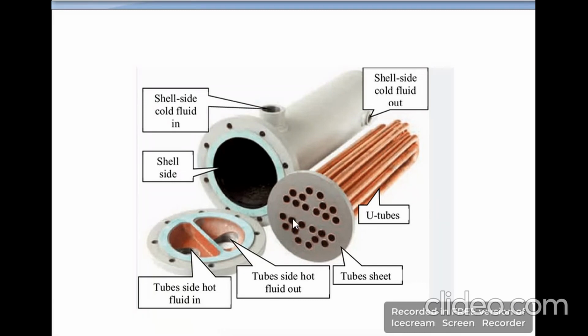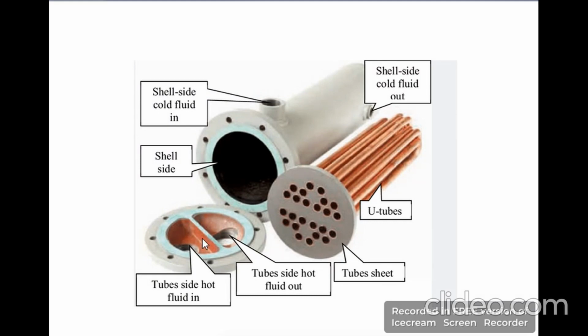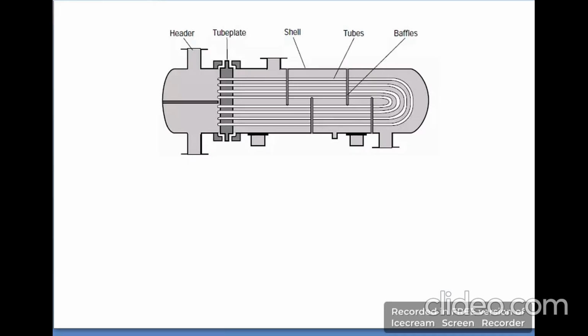This separation takes place due to this cover which will fit on the tube sheet. Here you can see that the cap is divided into two parts, and after fitting on the tube sheet, it will also separate the inlet and outlet of the tube fluid. Here you can see a proper diagram of the U-tube heat exchanger.